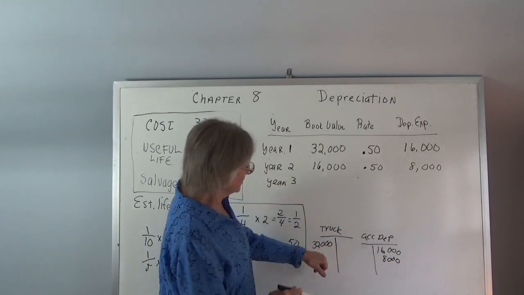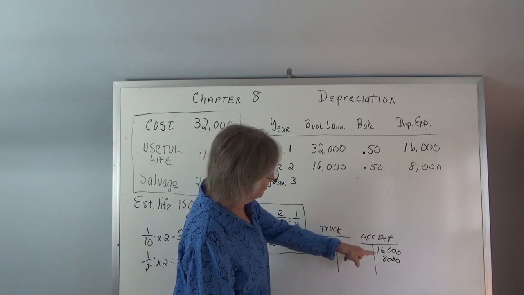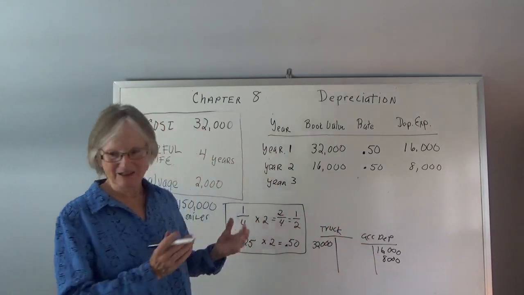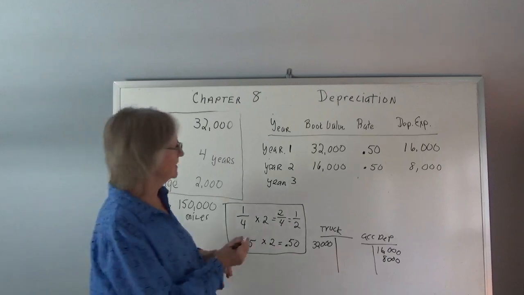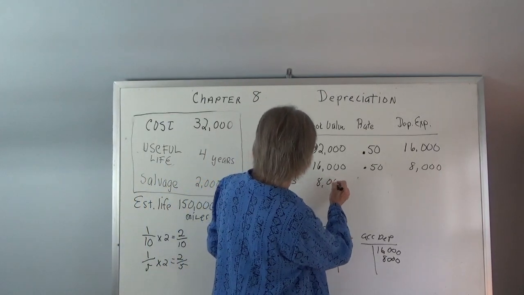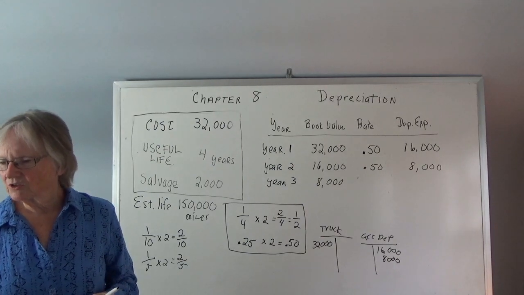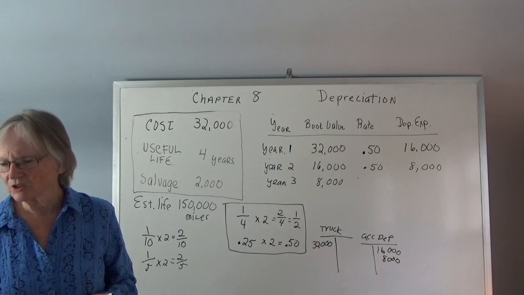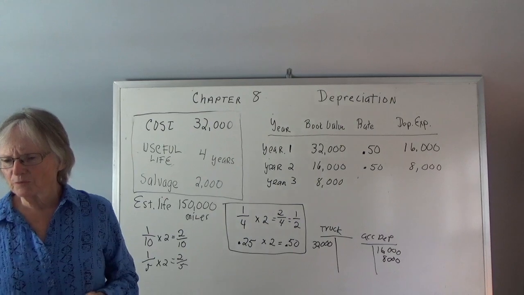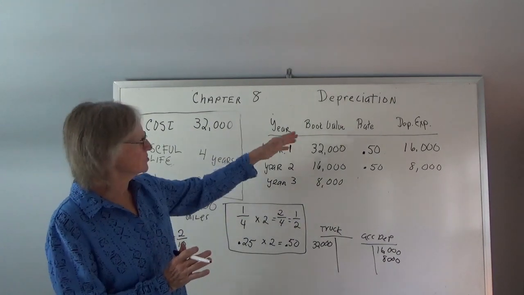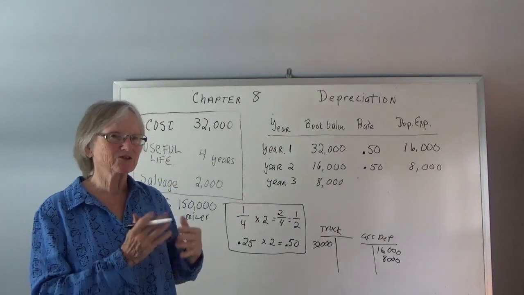So at beginning year 3, our book value is going to be 32 minus this minus that, and so that comes out to 8,000. And I'll leave you to work through the rest of it. But that's your double declining balance.